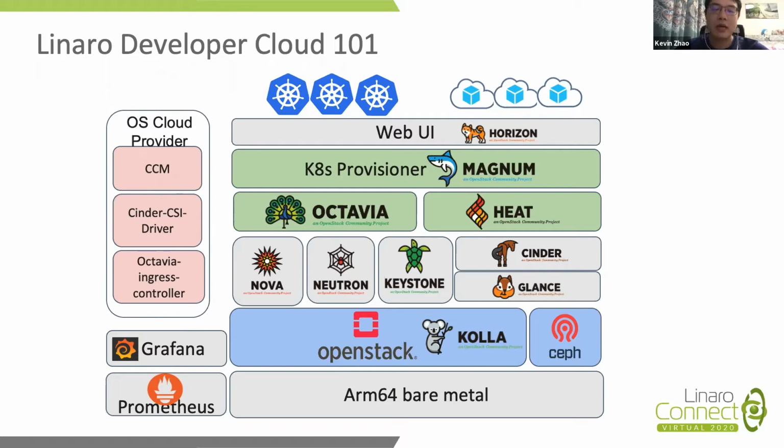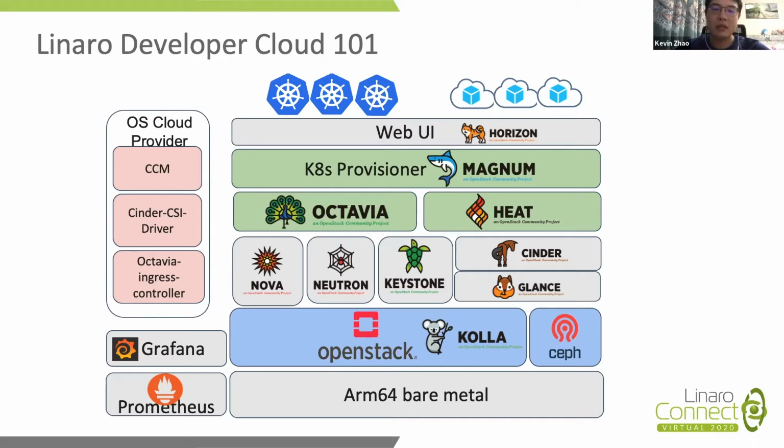After the infrastructure is ready, we can see in the green module that OpenStack offers several services, for example Nova, Neutron, and Keystone. Many of them offer the network, compute, and volume support for the VM instance.